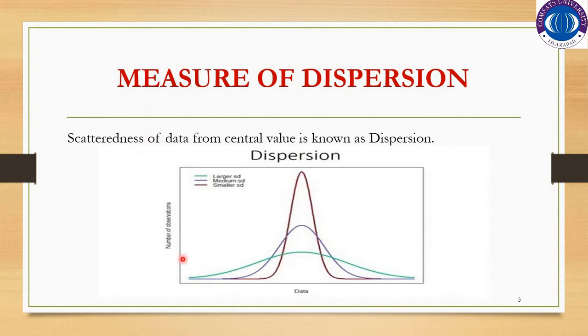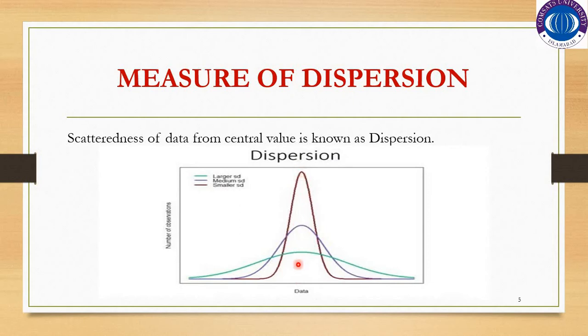Now here we have the number of observations, and these are 3 data sets represented by different colors. You can see this is one type. This blue one is the second one, and this purple one is the third one. Now this is symmetric data, as we have a single peak and the data seems to be symmetric.